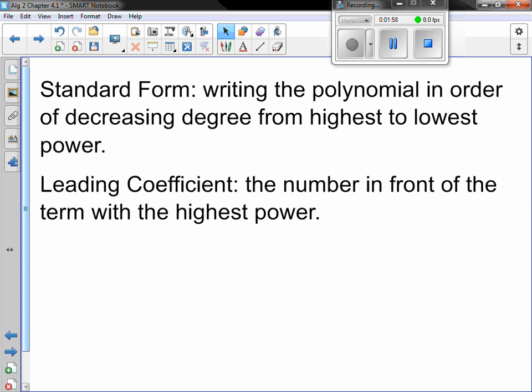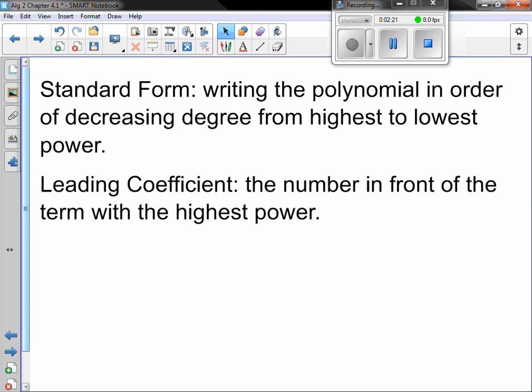Standard form: writing the polynomial in the order of descending degree, from highest to lowest power. When we look at any of these functions, if it's going to be in standard form, the variable with the biggest exponent always goes first. And in alphabetical order.